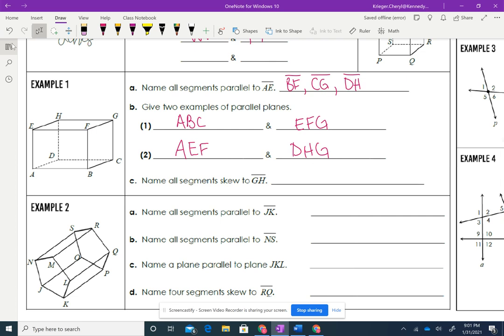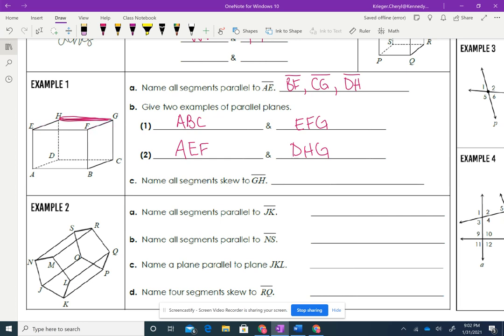Okay. All segments skew to GH. Sorry about that, guys. What will never cross GH? Well, we know that everything on the top plane and back plane won't work. We can't use EF because EF is parallel. We can't use DC because DC is parallel. And then we can't use anything that crosses it, so these ones are out. Hopefully you can see that.